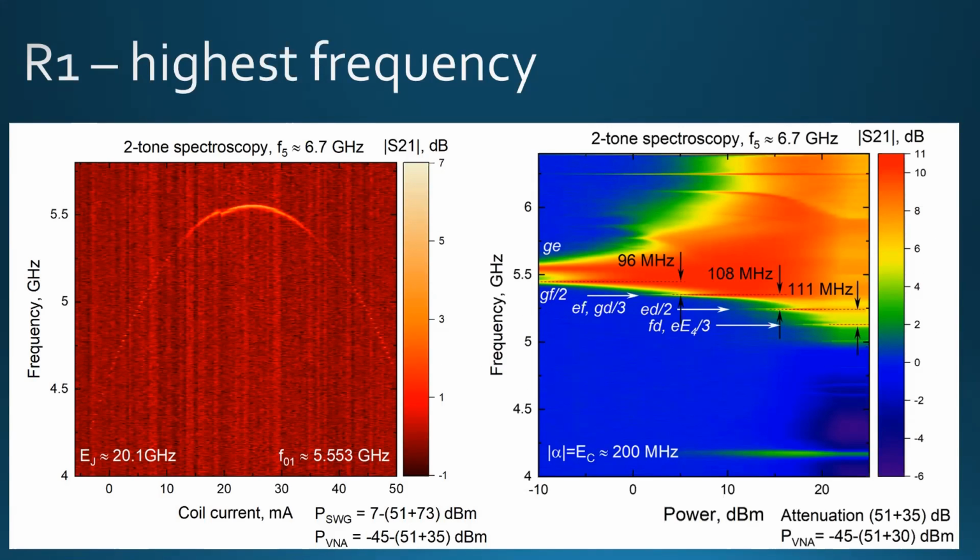Maybe I should stop here. So here I reduced the power of this VNA to get rid of these ripples. Actually, I could also see them.